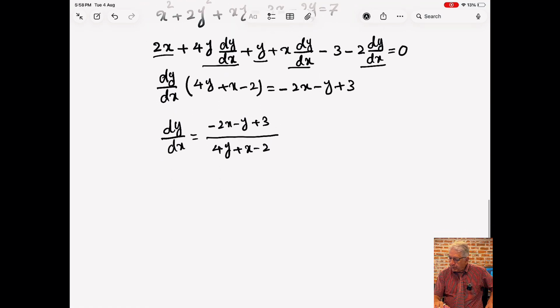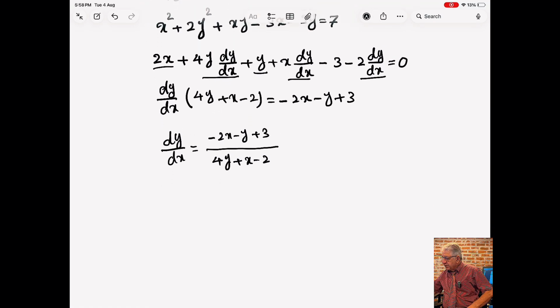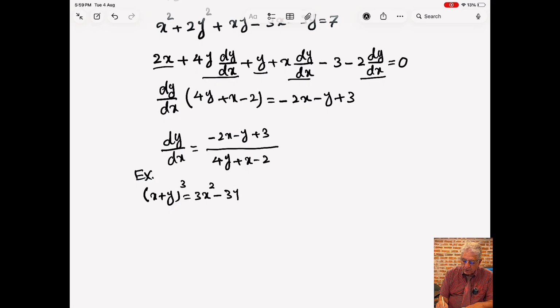Now, I will give another question which has been in your examination. It is given to us: x plus y to the power of 3 is equal to 3x squared minus 3y minus 2.